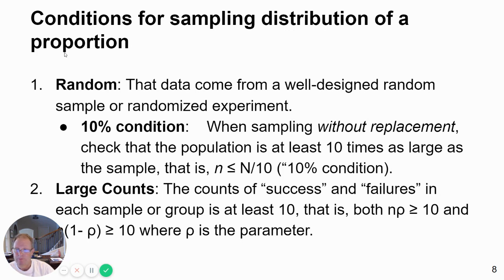If that condition holds, then we can use our formula for the standard deviation of the sample proportion. Finally, we have to check that the large counts condition holds. That is, we have to check whether n times p is greater than 10 and n times 1 minus p is also greater than 10. If that holds, then our sampling distribution of sample proportions is approximately normal.